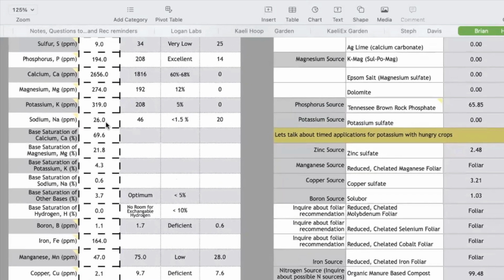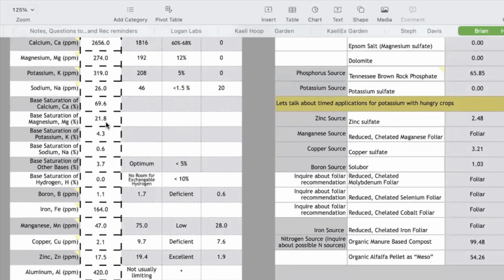And then, sodium. It's not necessarily considered a plant essential nutrient, but everybody just needs a little bit. It's nice to keep it in balance. Where are you with that?